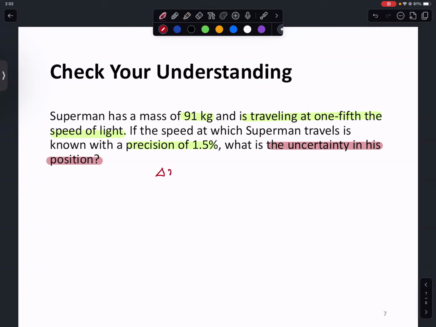We can say that delta x times mass times change in velocity is greater than or equal to Planck's constant over 4 pi. And because we're solving for the uncertainty, I can say that delta x equals h divided by 4 pi times m delta v.